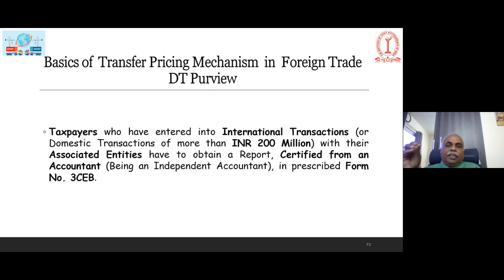Whenever they enter into any international transaction with their associated entities, that is to be reported in Form 3CEB and certified by the accountant, most probably a chartered accountant.